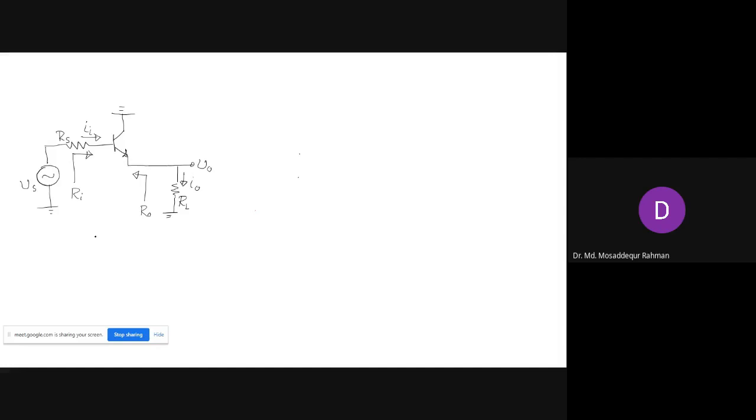Guys, what is this amplifier? Common collector. Right, this is the common collector amplifier. And we would like to determine the same parameters that we have determined for the common emitter amplifier.